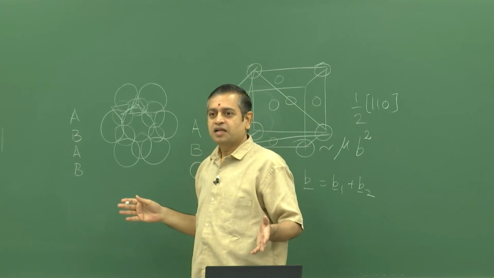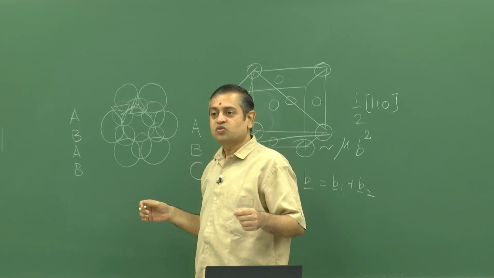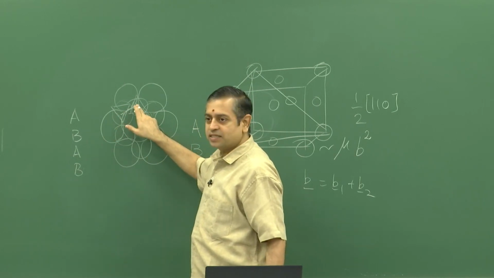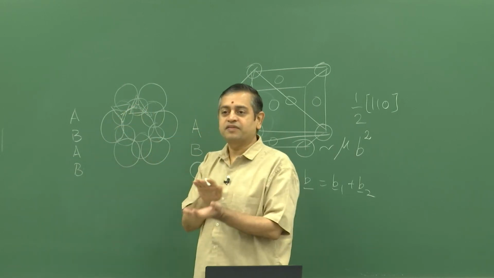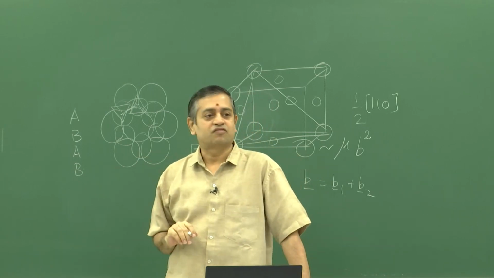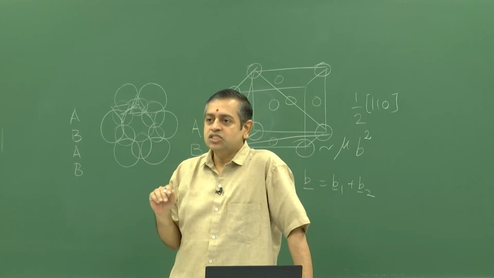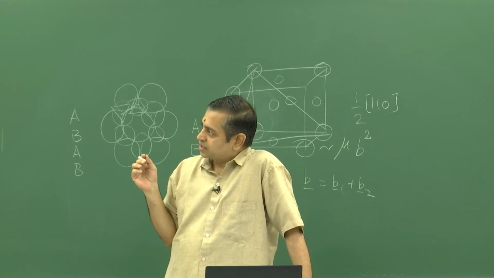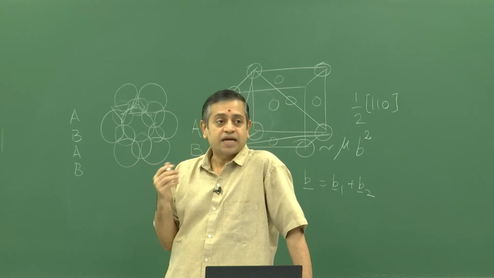I can measure that, but at 0 Kelvin I can do one better. I can start from this point, end up at this point, and at every point in between I can measure the stacking fault energy.